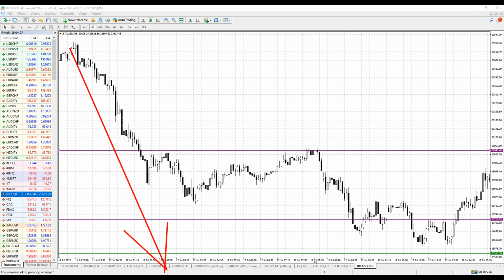So we have here the green line, and that represents the demand based on the daily chart, and that's something we've discussed quite a few times. 20k, 18k, that's the level of possible support. Then we have quite a few lines that represent what is going on on an intraday basis.